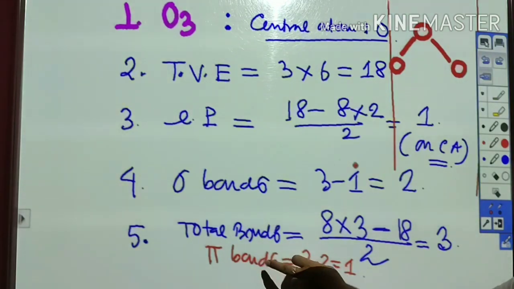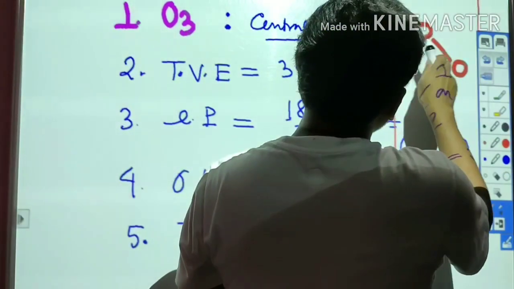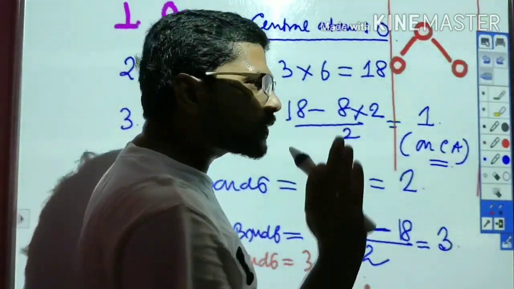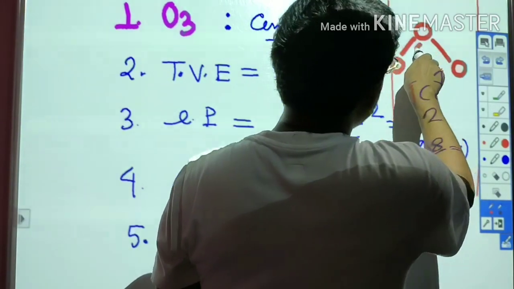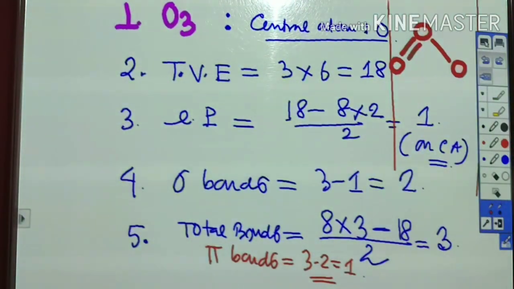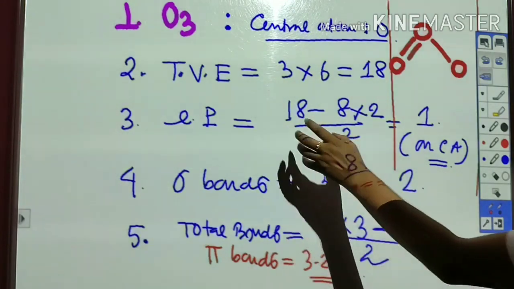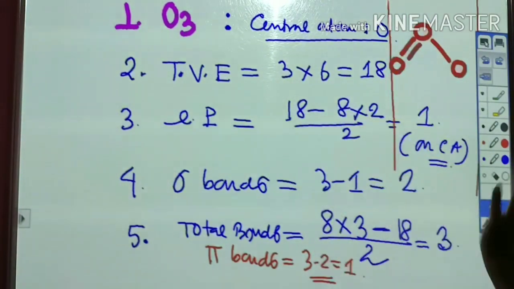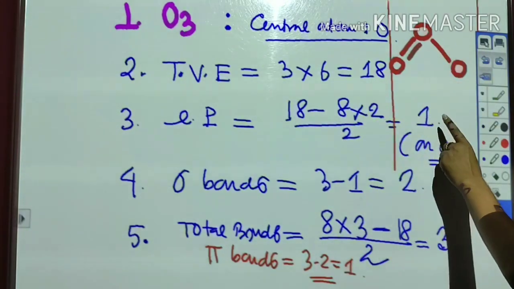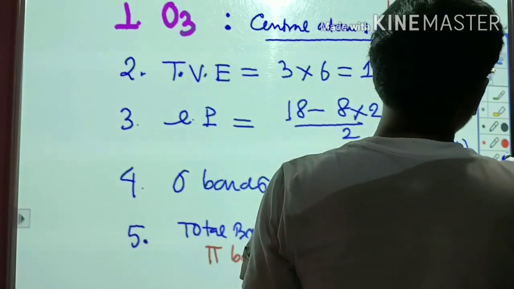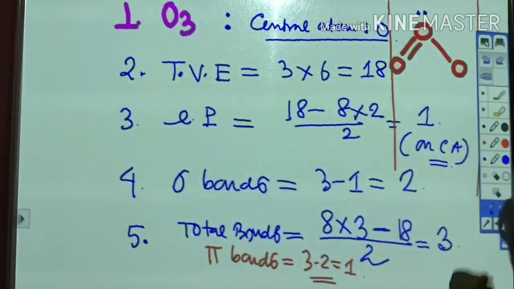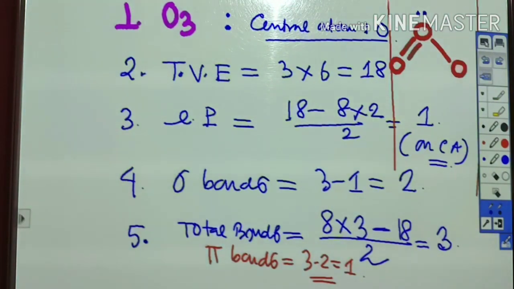Now 1 pi bond, put it anywhere, either here or here, it does not matter, it remains same. Let me put it here. Now what information do I need to put here? Lone pair of electron. How many lone pair of electron on central atom? 1. So lone pair of electron will be 1. The structure is already done.